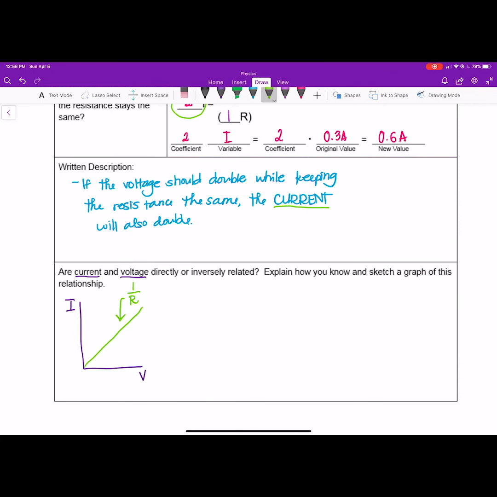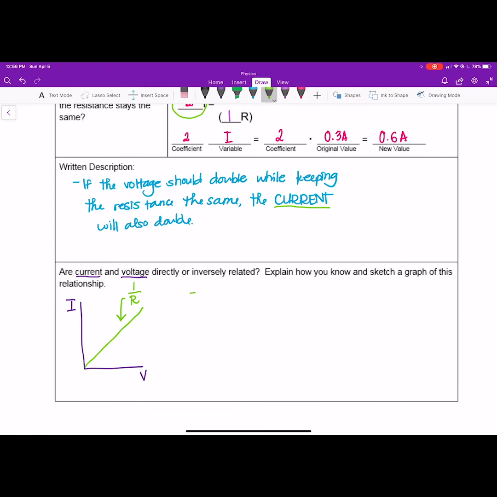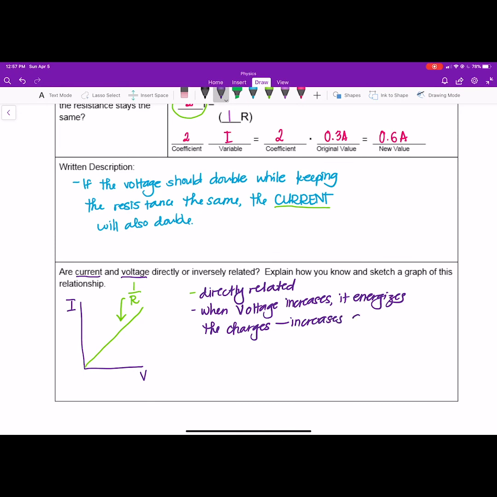And so we know this is directly related. When voltage increases, it energizes the charges, which increases charge flow.